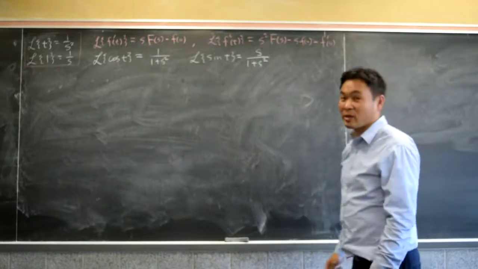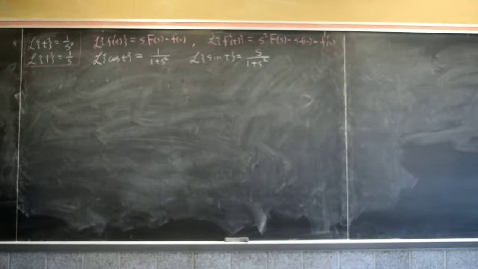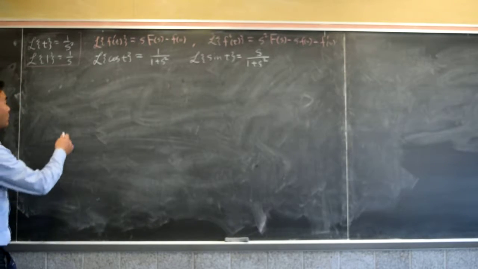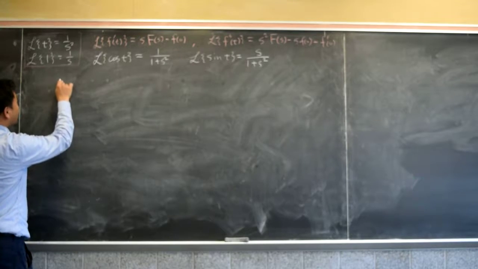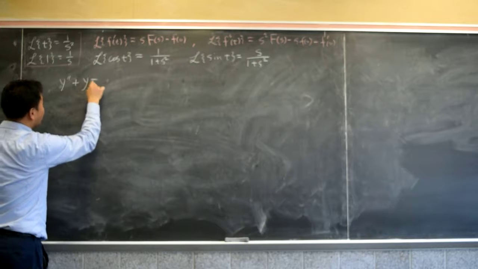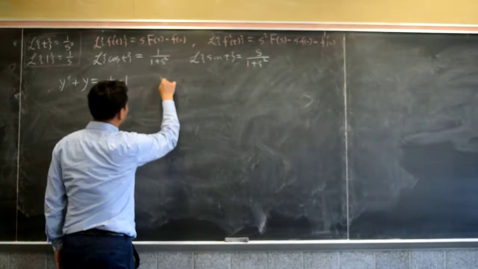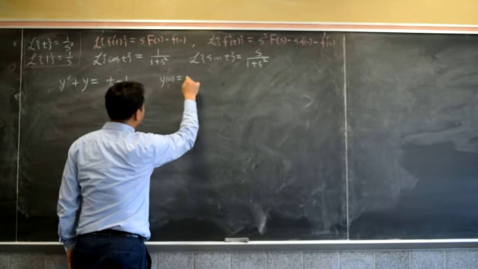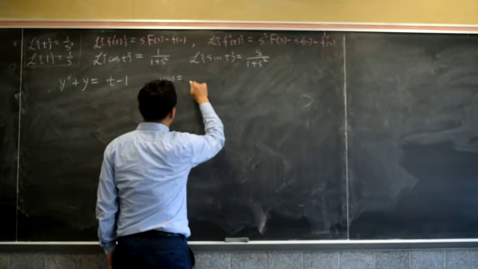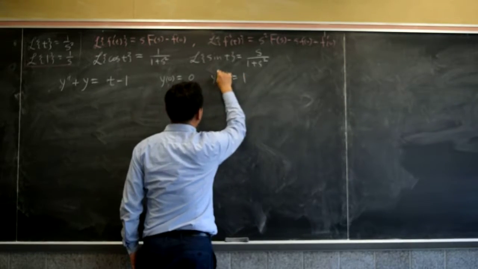Let's just hope that we're right, because we don't have time. Okay. All right. So now I want to show you the following question. What is the solution of y double prime plus y equals t minus 1 with y of 0 equals 0 and y prime of 0 equals 1?